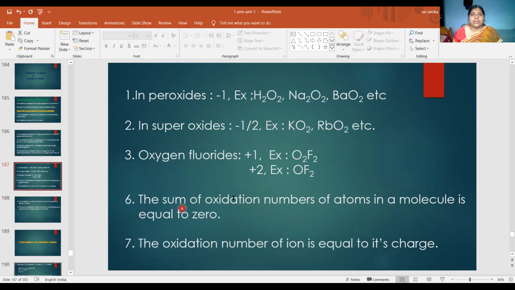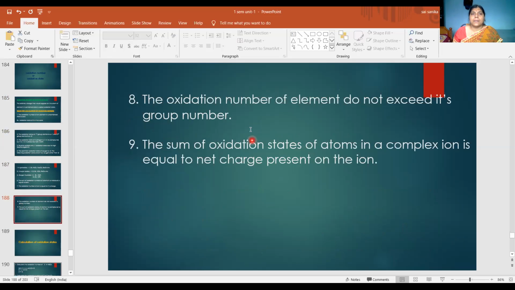Next, the sum of oxidation states of atoms in a molecule is equal to 0. The oxidation number of an ion is equal to its charge. The oxidation number of an element does not exceed its group number, meaning it should not be greater than its group number.